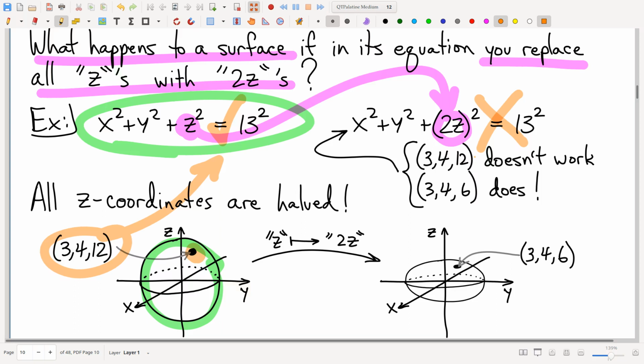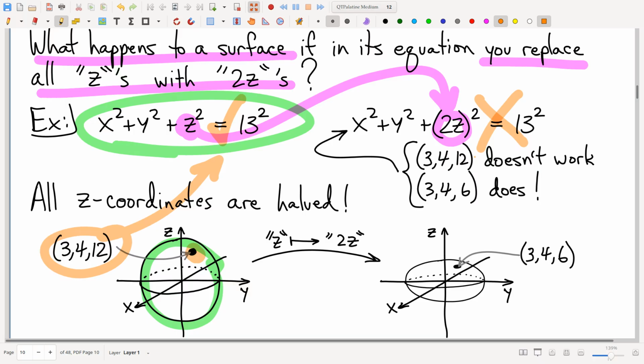Now let's just speculate. Why didn't this equation on the right work? Well, because of the 2, right? I mean, look, what was supposed to happen is this 12 was supposed to get squared, and that's not what happened over here. The 12 got turned into a 24 before it got squared, so of course it didn't work. So the idea of what you can do is just try to anticipate and account for that, sort of undo it before you do it, in some sense.